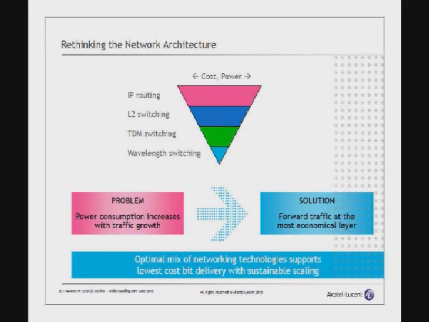So this customer is driving their IP vendor to build bigger and bigger routers to handle larger and larger traffic, but a majority of the traffic just has to pass through that physical site. It doesn't have to pass through the router.